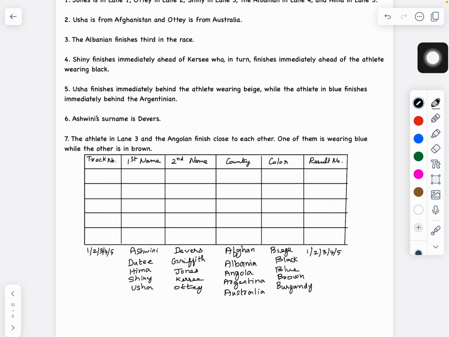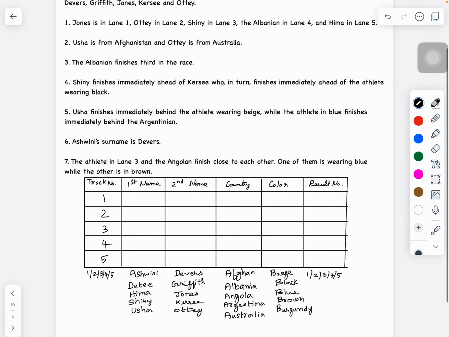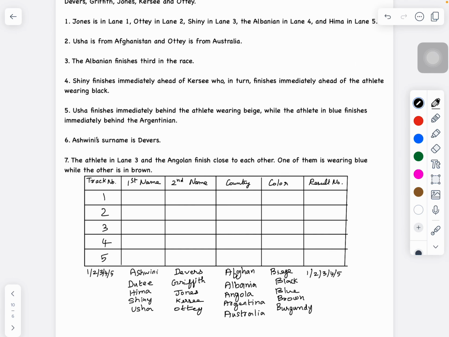and we'll try to match the other variables to it. For example, I'll start with track number. That is easy for us to fill. So let's go ahead and fill 1, 2, 3, 4, 5, and let's try to match all the other variables to this particular variable. And now let's start from point number 1. Jones is in lane 1. So let's go ahead and fill Jones. So Jones, I filled in track number 1 or lane number 1, and then Otte is in lane number 2.